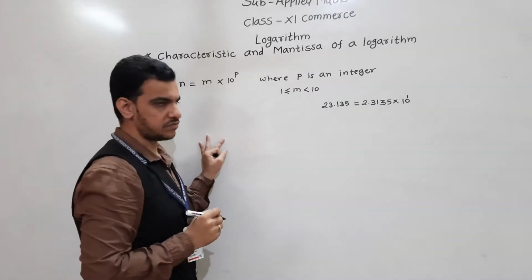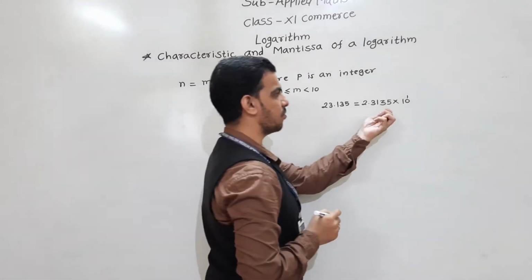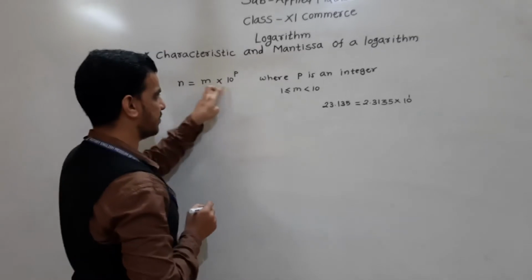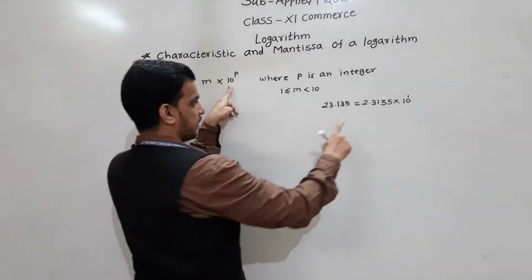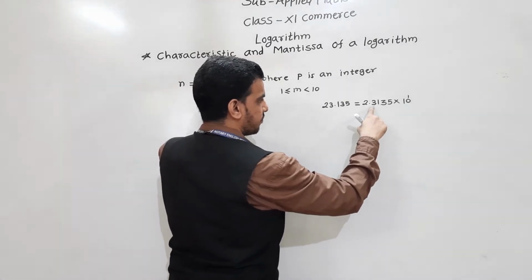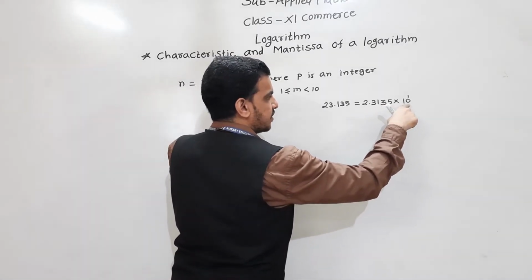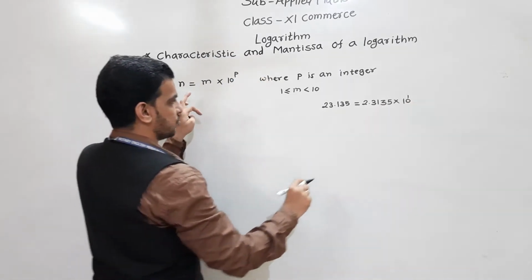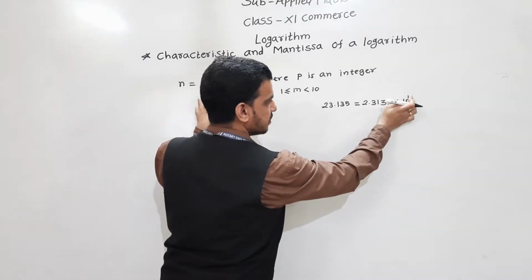So this is the standard form of decimal. If n is equal to m into 10 raised to p, then 23.135 we can write as 2.3135 into 10 raised to 1. Here m is this number and p is 1.